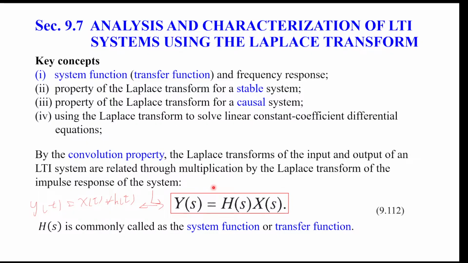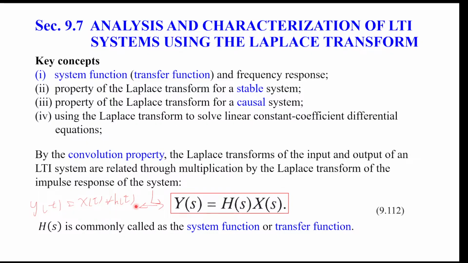As we said, we did a similar analysis with the Fourier transform. But now the analysis is more complete, because in the Fourier transform case, you need to make sure that all three functions actually have a Fourier transform. y of t, x of t, and h of t all need to have a Fourier transform.